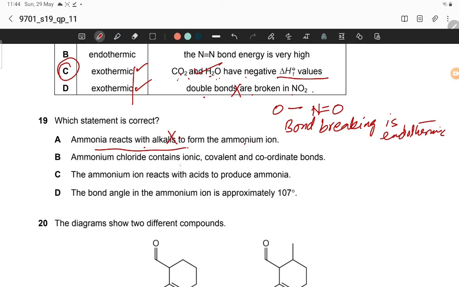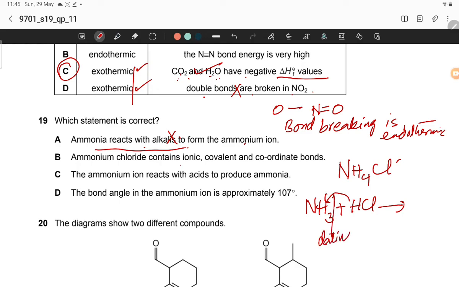Ammonium chloride contains ionic bonds. Yes: ammonia plus HCl, a dative bond is formed, giving the ammonium ion and Cl negative.